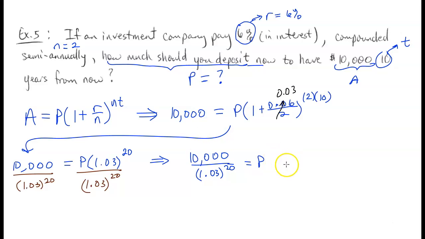And notice that we could also write this as 10,000 times 1.03 raised to the negative 20 because of exponential rules.